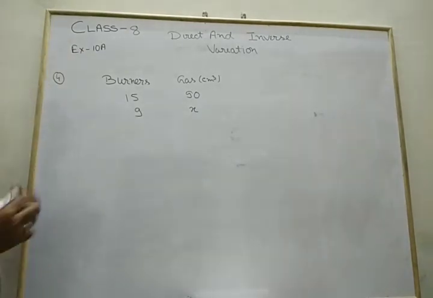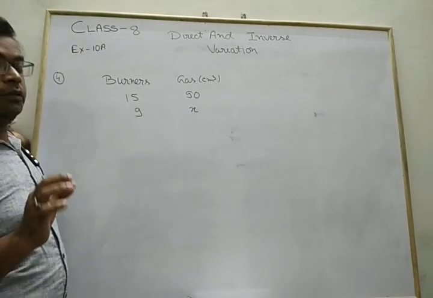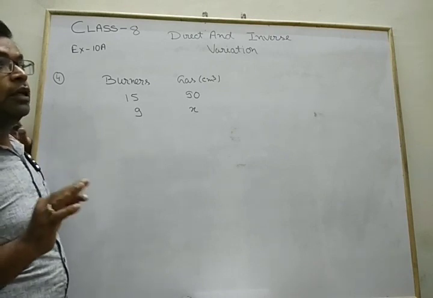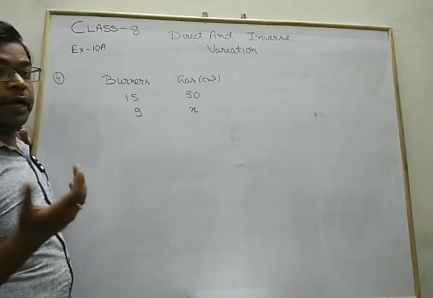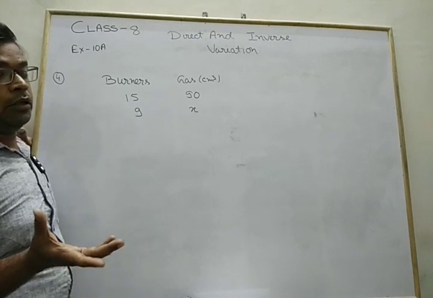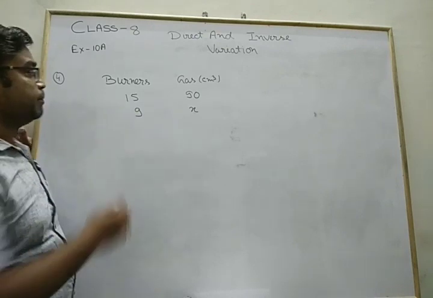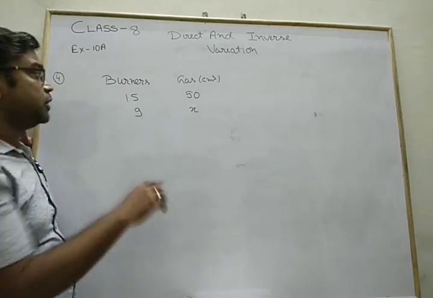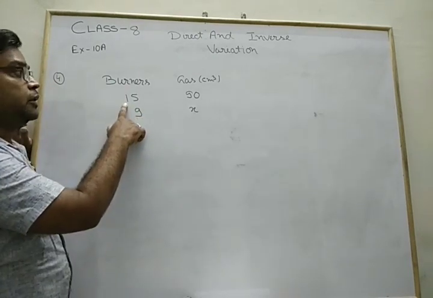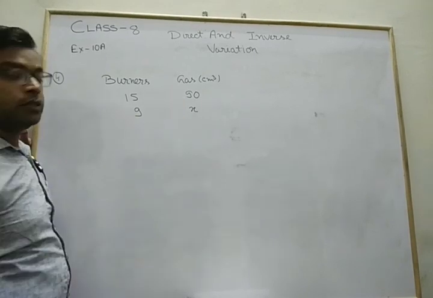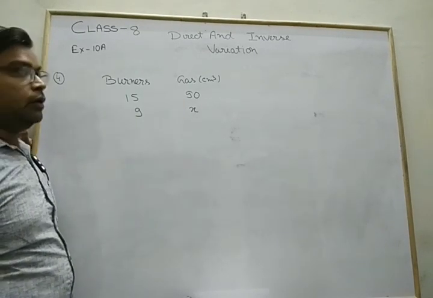In such a problem you must be very careful whether the concept is for direct relation or indirect relation. So you must use your common sense. In this case, it says that for the same time, 2 hours, if 15 burners burn, they consume 90 cubic centimeter of gas.